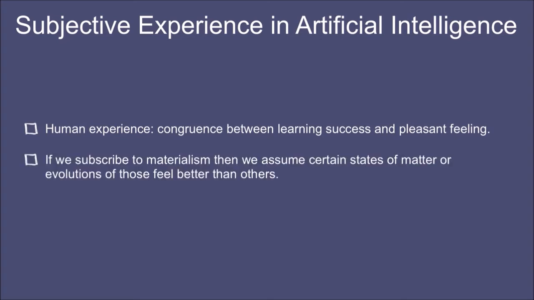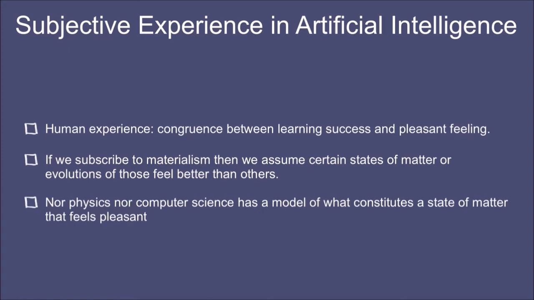And if you subscribe to a materialist worldview, let's say something that Roger put forth, then you can get around to assuming that there must be certain states of matter or certain evolutions of states of matter that feel better than others. Yet neither physics nor computer science has any model, barring ones that we can't really implement.